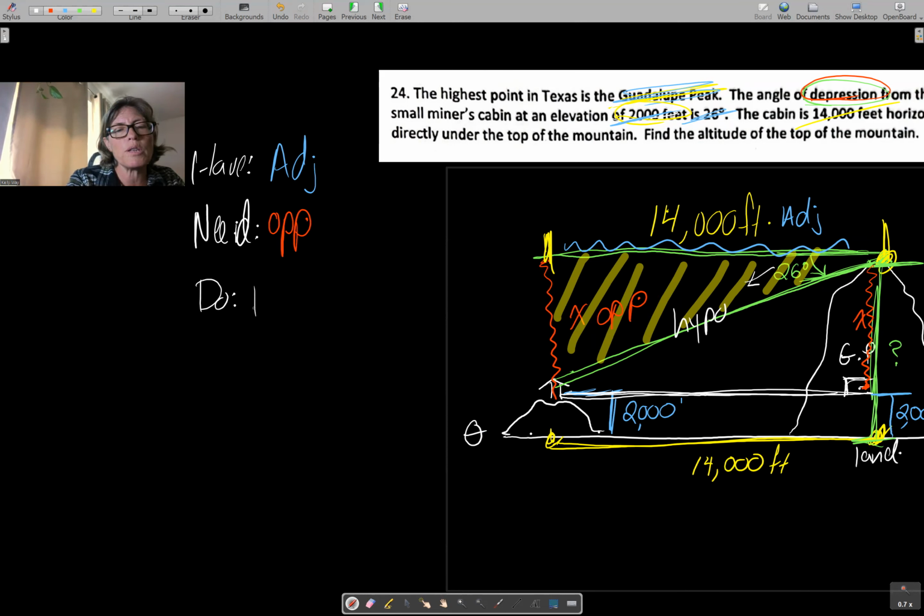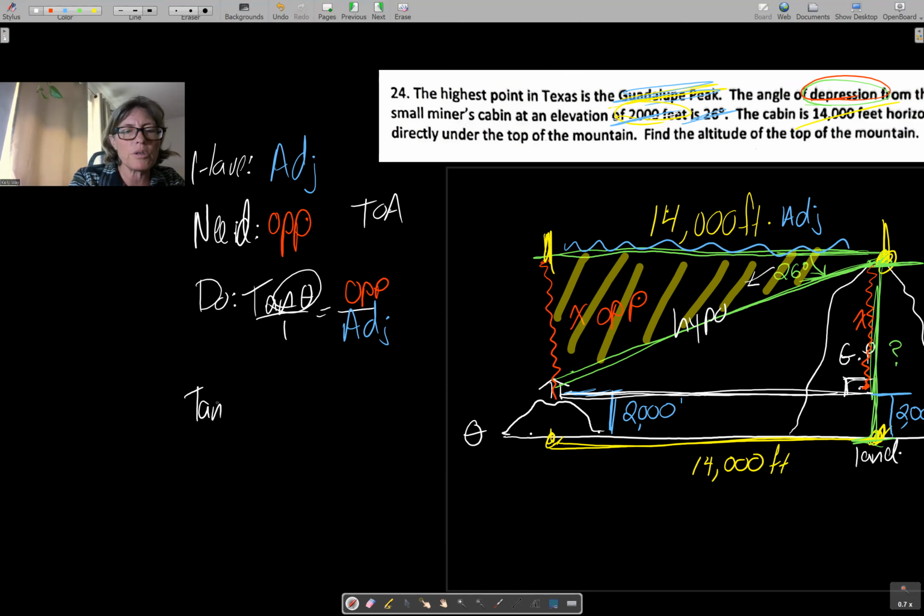What do we do? Of course, that's tangent again, TOA. So it's tan theta over 1 equals opposite over adjacent. So we take the tangent of the circle, plug and chug. Our theta is going to be 26 degrees.